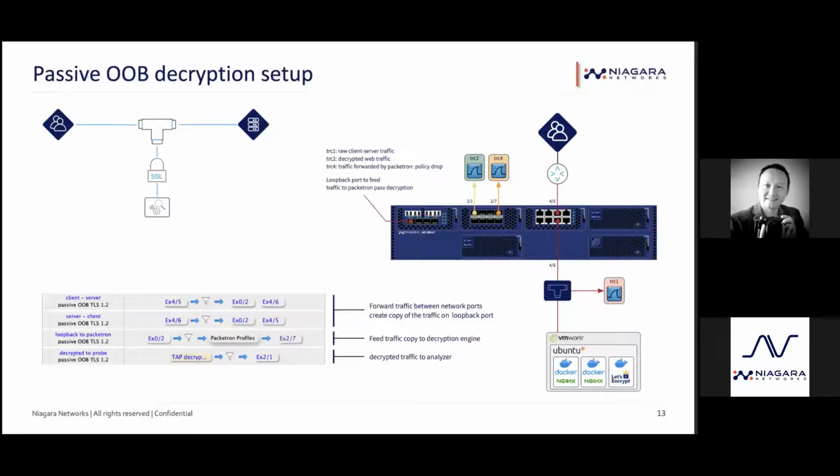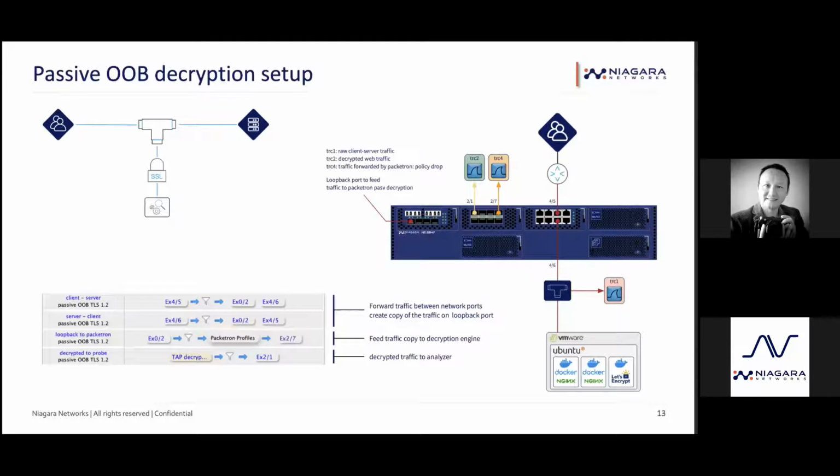In this case, I just used Wireshark to show that the traffic is really decrypted. I used an N2 series, and the N2 series in my lab environment has 3 packetrons, which I use for all different kinds of demonstration purposes.